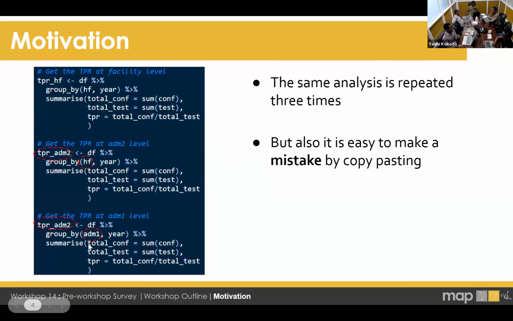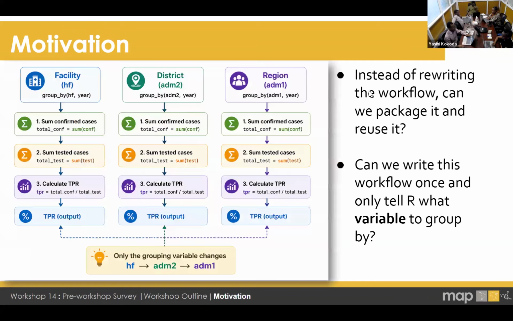The same here: you forget to change the variable which you are assigning. So all of these things are the reason why we should find a way to compact this code into one function which can be applied repeatedly.